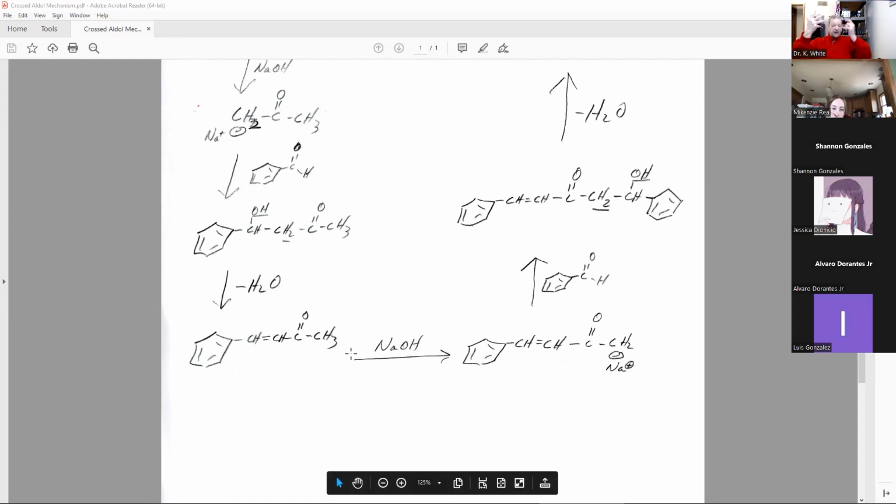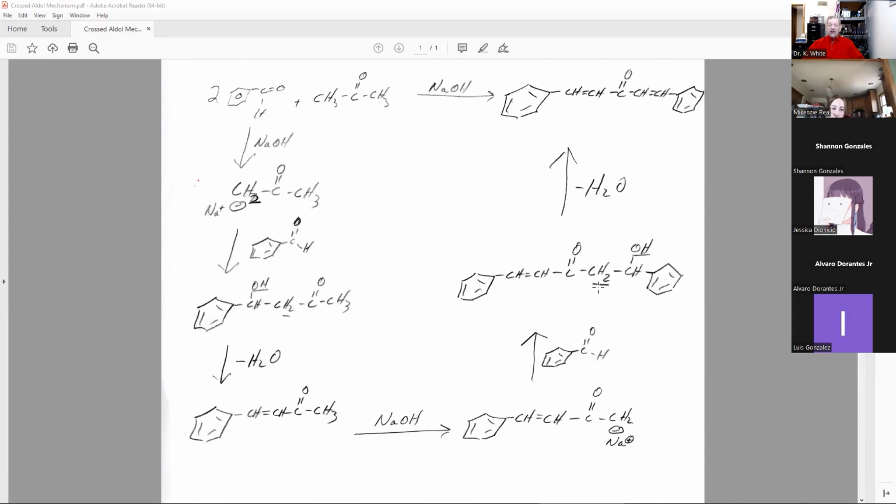But we're still floating around in base, and at the other alpha carbon of this carbonyl, I can form an enolate anion. I do. It attacks this second aldehyde to form this aldol condensation right here. And once again, if I can get conjugation, alternating single, double, guess what?